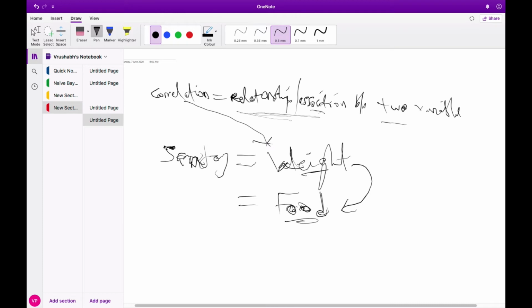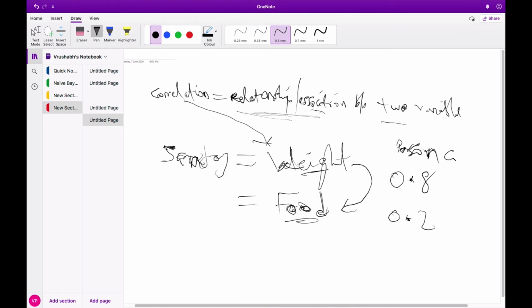What correlation does is that it will give you a number, maybe 0.8 or maybe 0.2. Mostly we use the Pearson correlation, which I'm sure those who have gone through a statistics class are aware of.